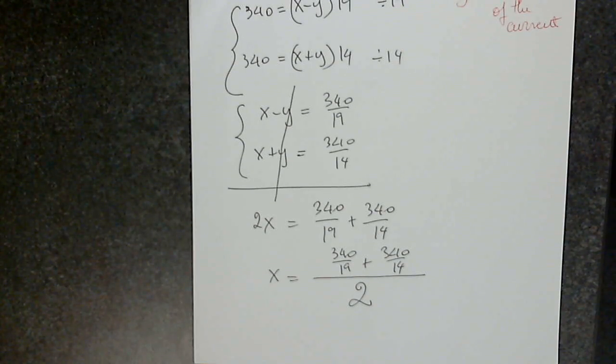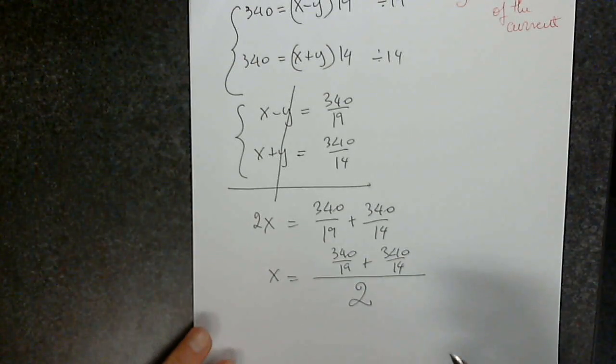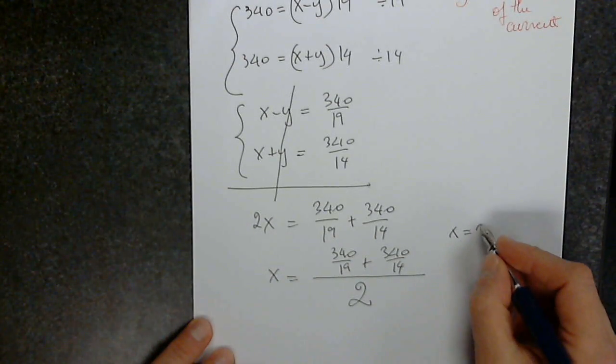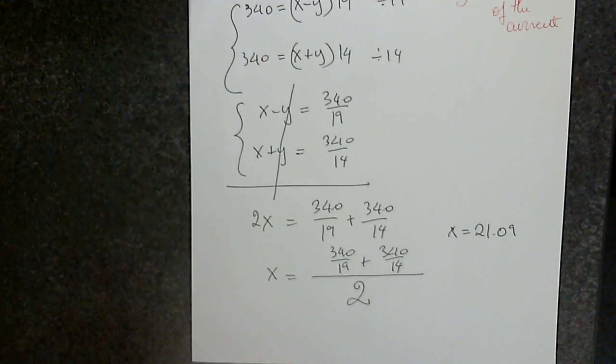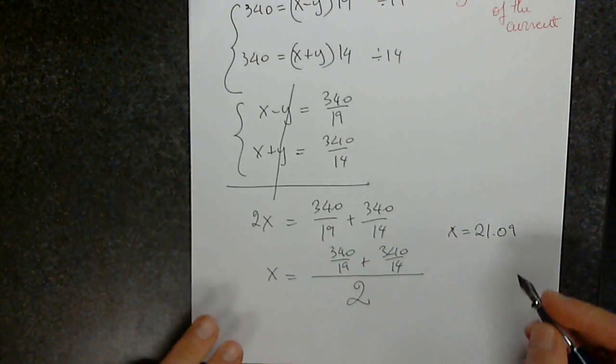We added them to get 2x, and everything divided by 2. So x equals 21.09. Measurement unit, please. Miles per hour. Thank you.